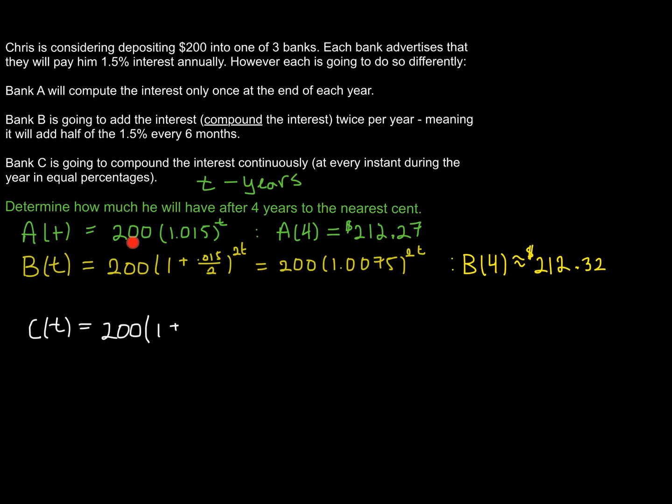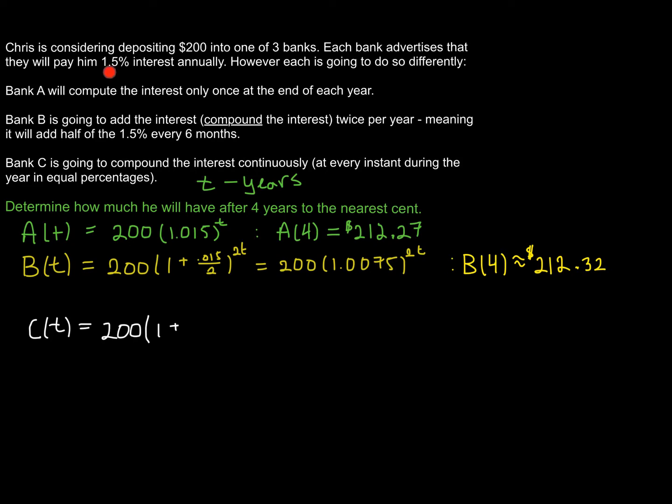And so you get the equation A of t is equal to 200 times 1.015^t. Multiplying by 1.015 will increase your amount by 1.5%. And that's going to occur every time t increases by 1 because the exponent is t. So after 4 years, you have $212.27.